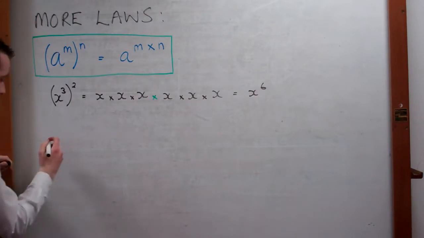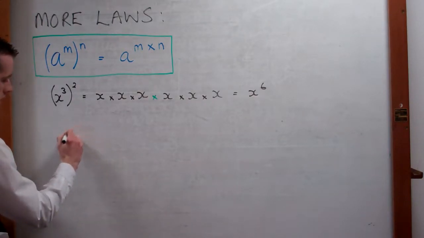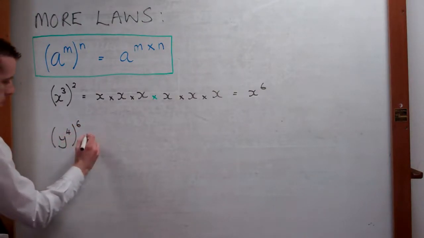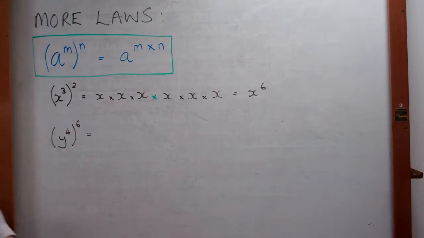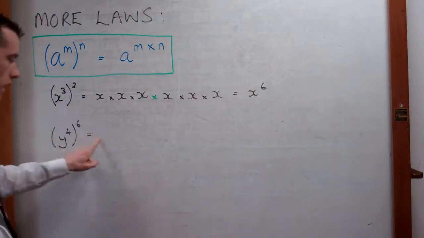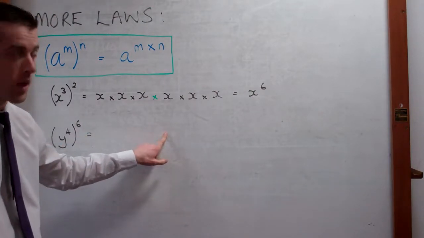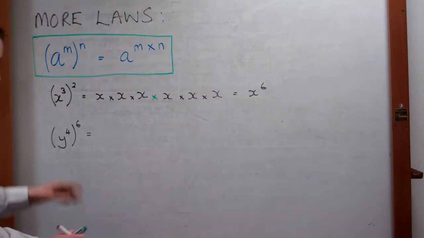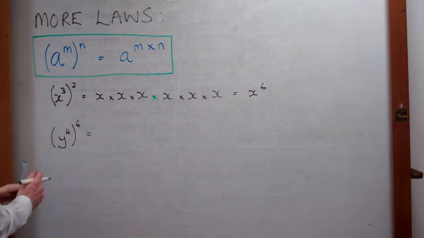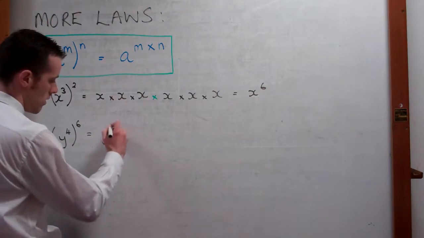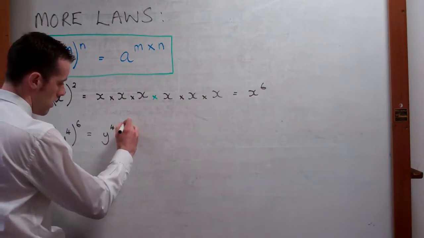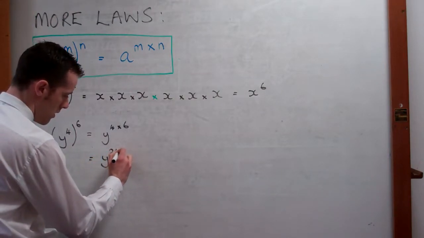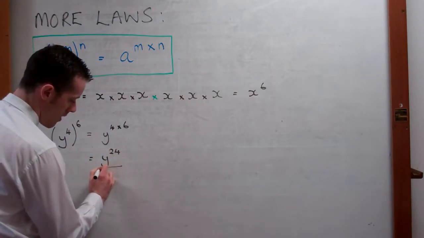So if I have another example that says, say y to the power 4 and we raise that all to the power 6, then I'm not going to want to write out y times y times y times y, 6 times, okay? Repeated 6 times. I'm just going to want to use the rule that says it's going to be y to the power 4 multiplied by 6, which is y to the power 24.